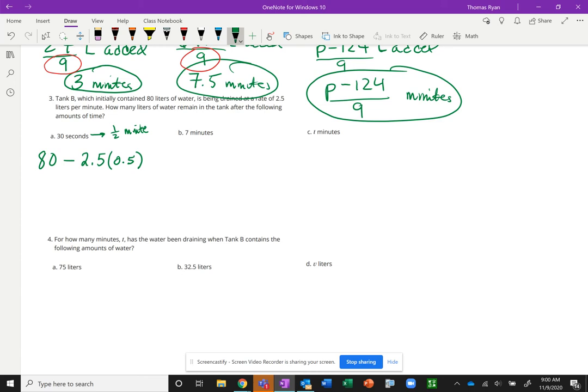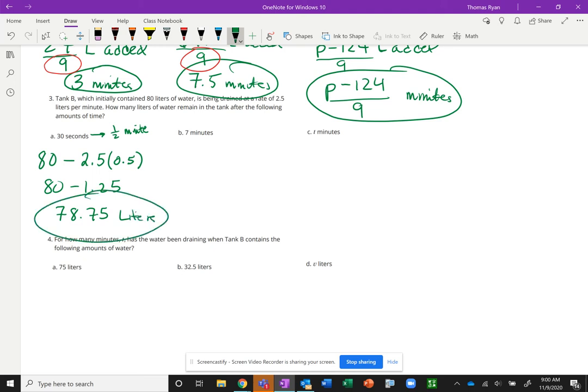So we know 80 minus 2.5 times 0.5. So 80 minus 1.25, which we can do on our calculator, is 78.75 liters.